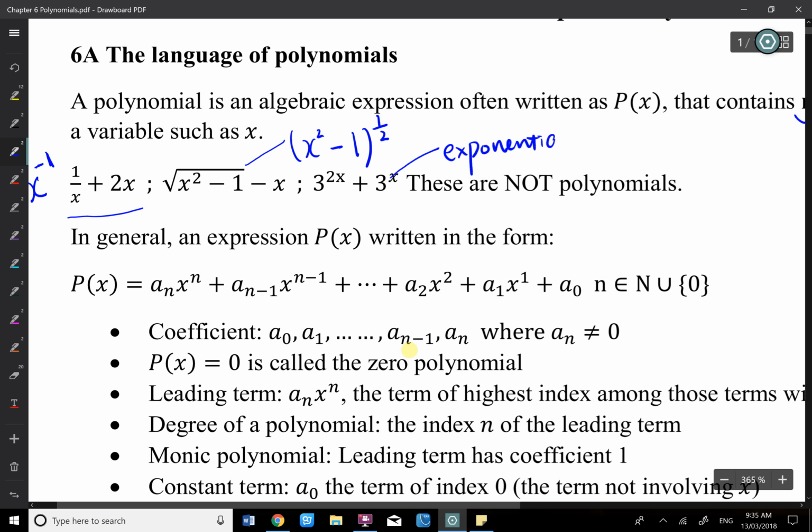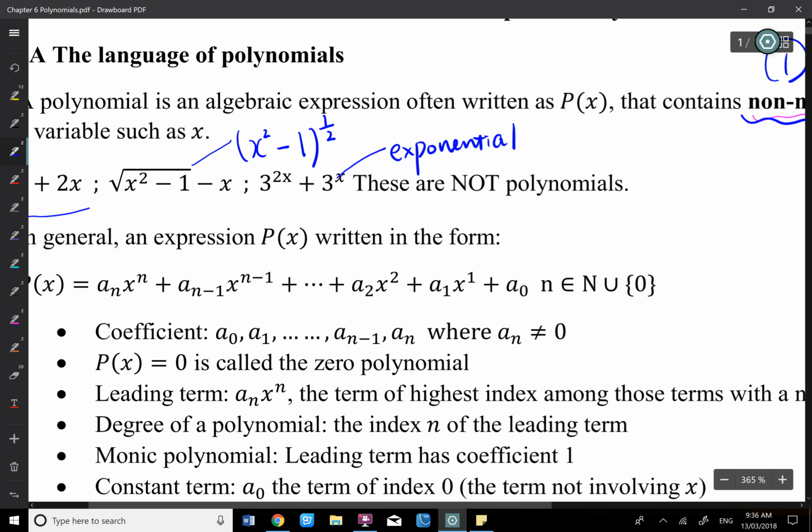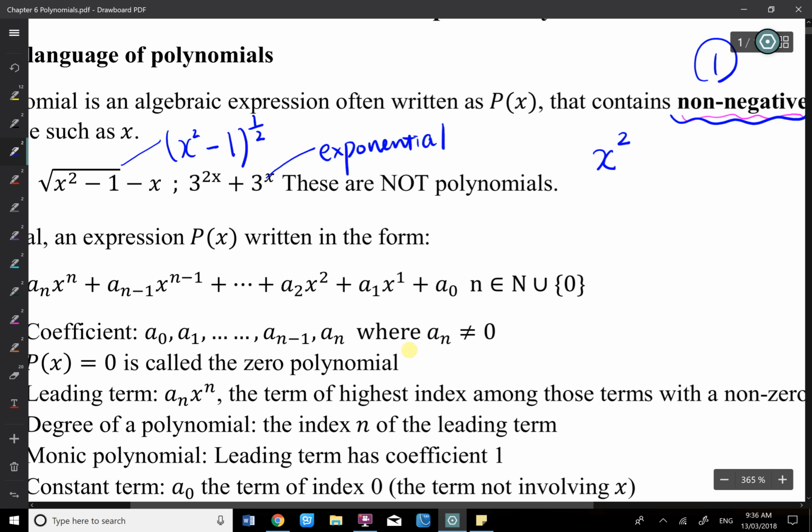If you have learned exponentials last year, you know an exponential is a power containing variables. But I need polynomials, which have x as the base and a number as the power. So this is called a polynomial. 2 to the power of x is called exponential.